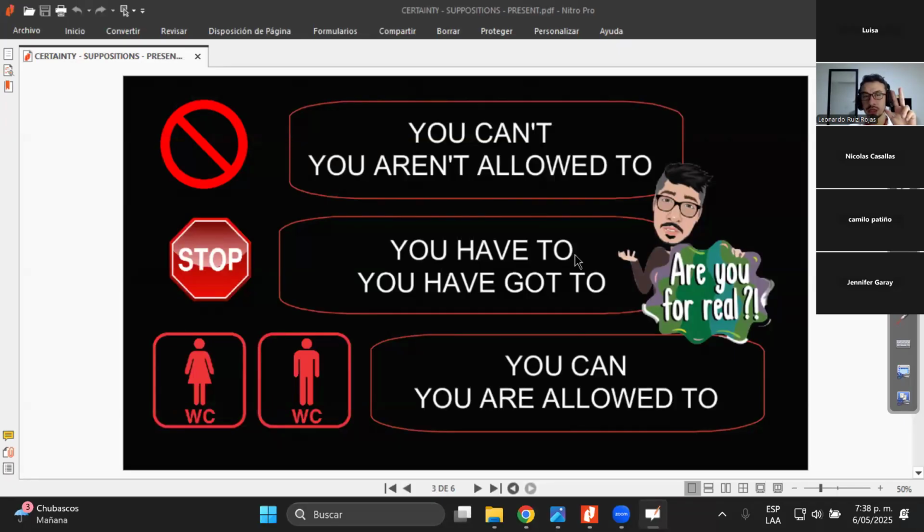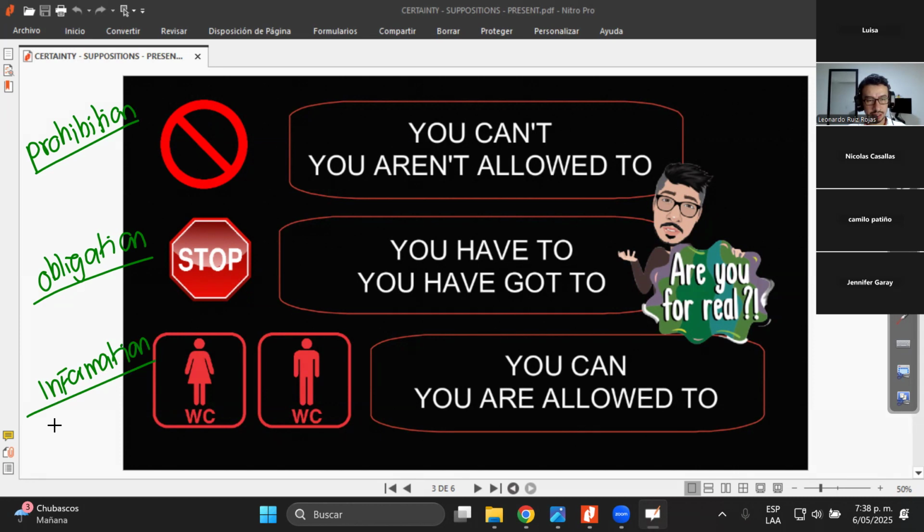Ahora, in this part, the signs, las señales, are going to be divided or categorized in three different types of signs, right? Which is prohibition, which is obligation, and which is information, or what it means, permission to, ¿cierto?